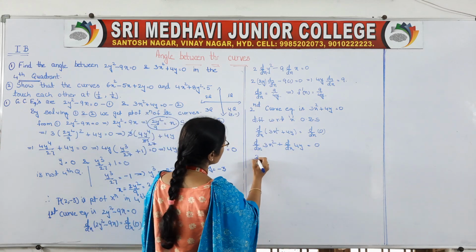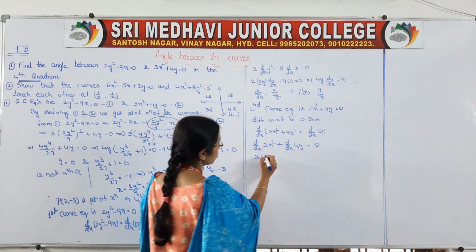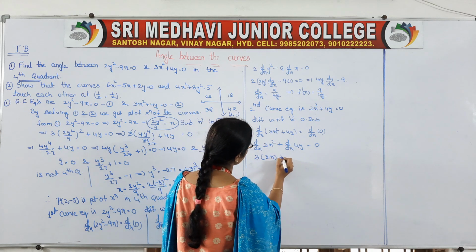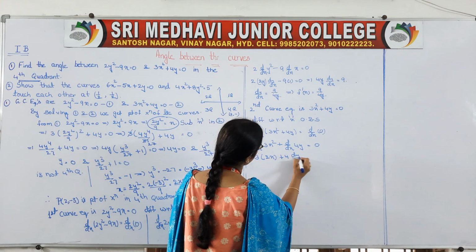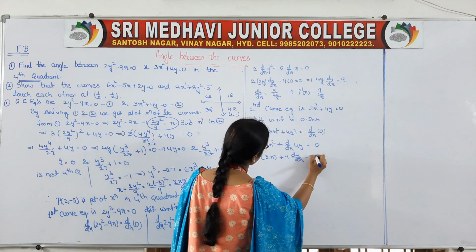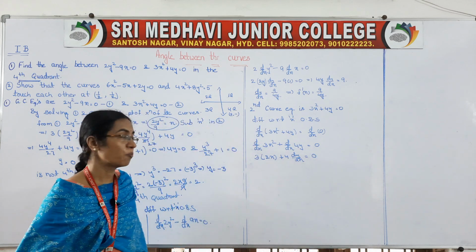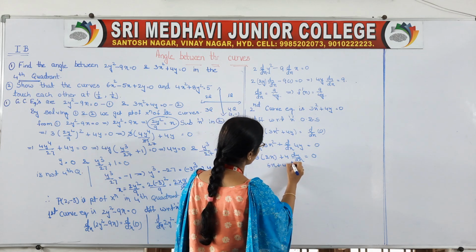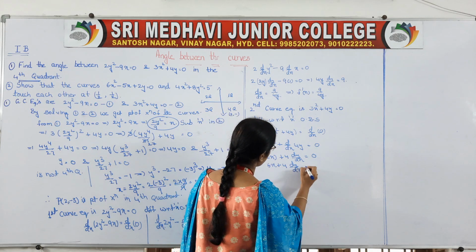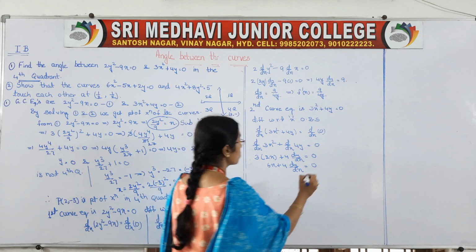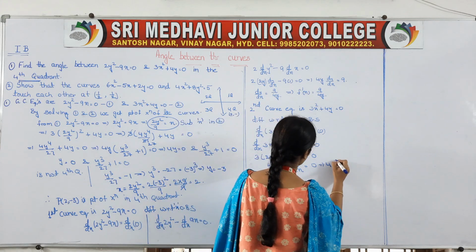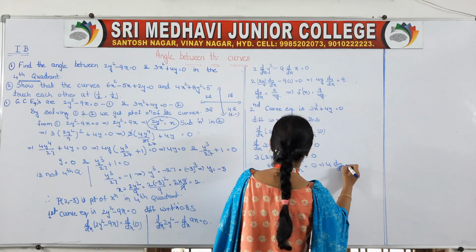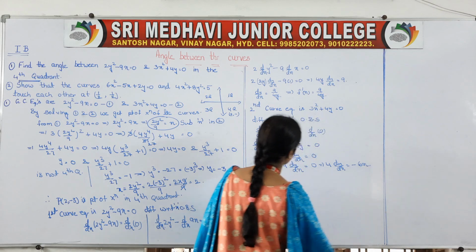So 3 into d by dx of x square is 2x, plus 4 into dy by dx is equal to 0. So it is 6x plus 4 into dy by dx is equal to 0. So 4 into dy by dx is equal to minus 6x.